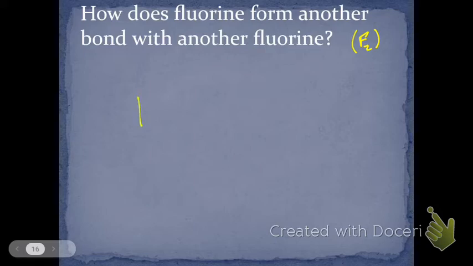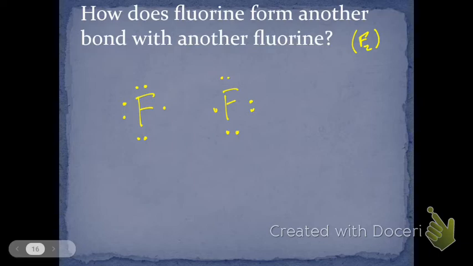But if we have two fluorines, fluorine has 7 valence electrons. It's a halogen. And actually, I'm going to build it like this. And then another fluorine. So before, in an ionic compound, one would want to give up an electron, and then the other would receive that electron.